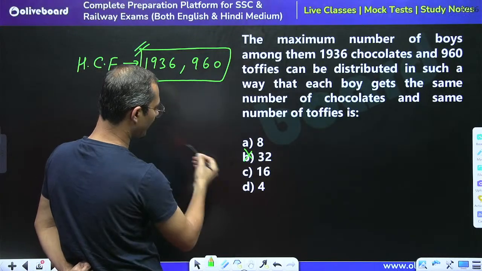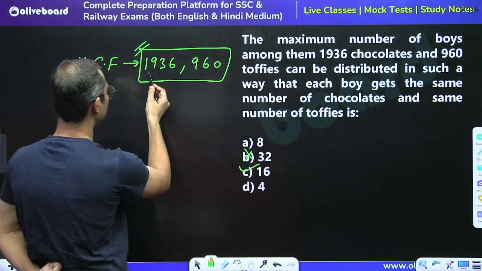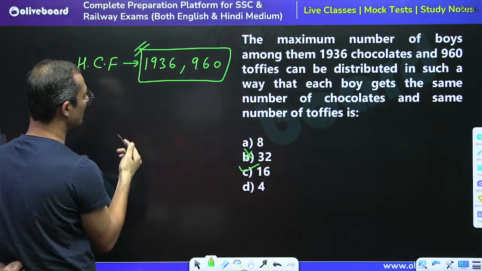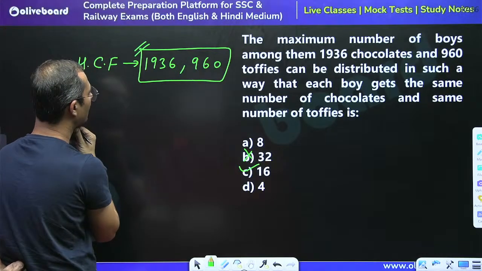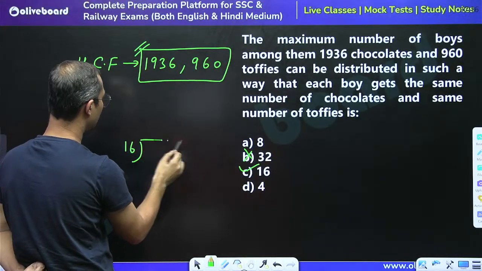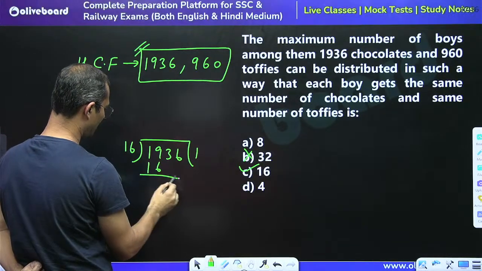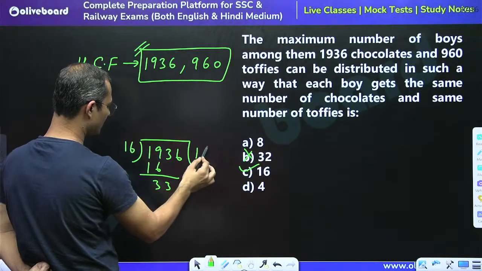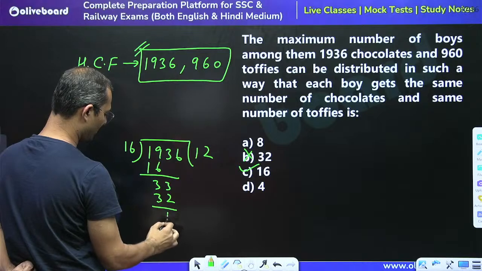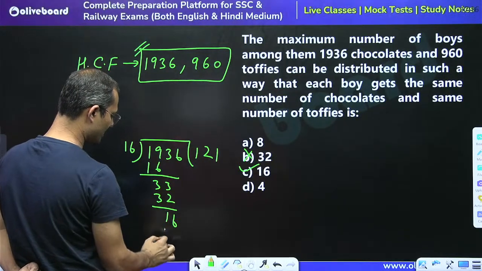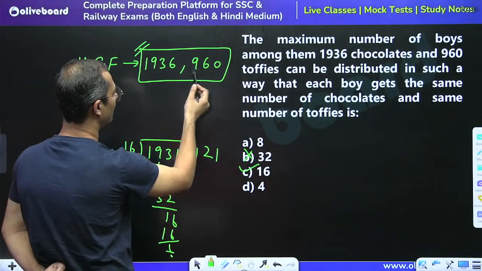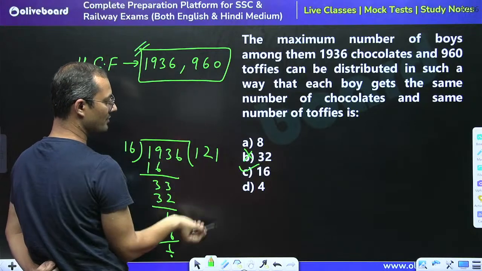Is this divisible by 16? See, for 1936, 16 times 1 is 16, 16 times 3 is 48, and so on. Yes, this is divisible by 16, and 960 is also divisible by 16.